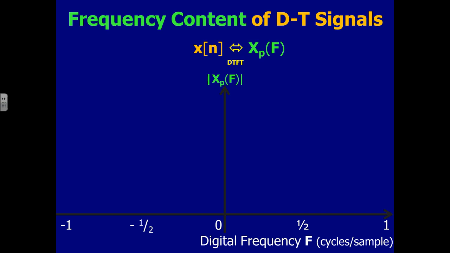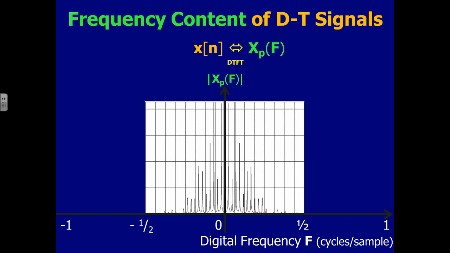And what that looks like if we had a discrete time signal and took its discrete time Fourier transform and plotted it versus frequency. So for example, if we took the sound of a trumpet playing, it would have a frequency spectrum that might look something like this. And if we went between the Nyquist rate in both the positive and negative frequency representations, we would see this symmetrical magnitude spectrum that has peaks at the harmonics of the note that's being played by the trumpet.